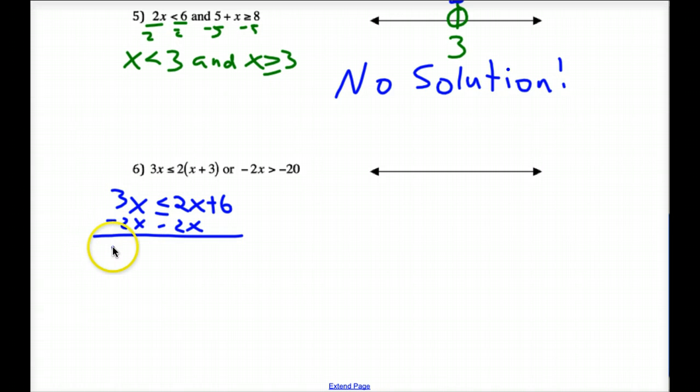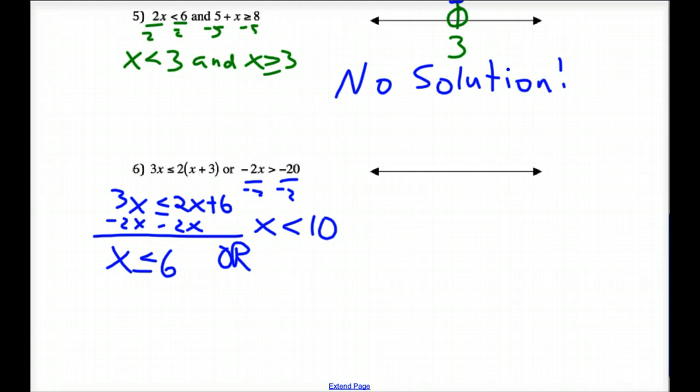Easy. X is less than or equal to 6. Is this an and or an or, people? It's an or. Remember, it's an or.